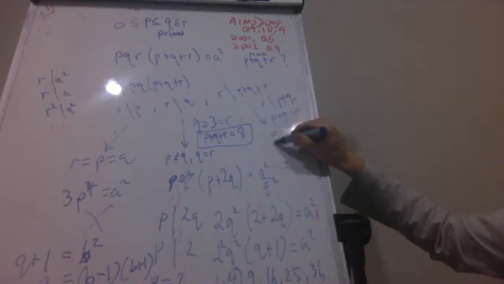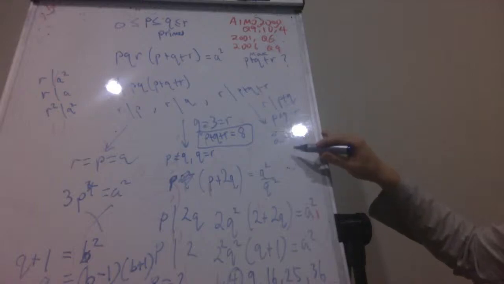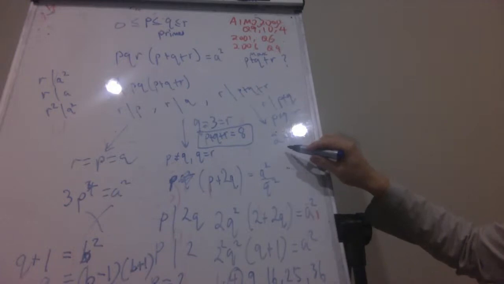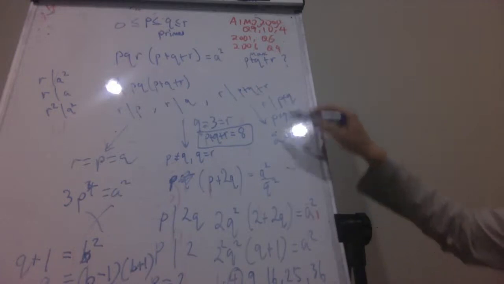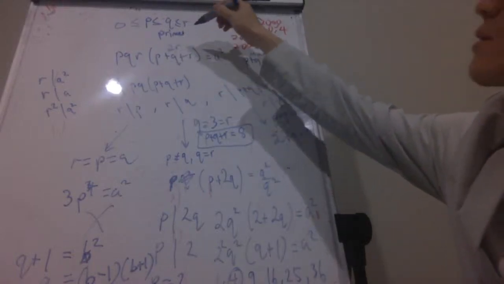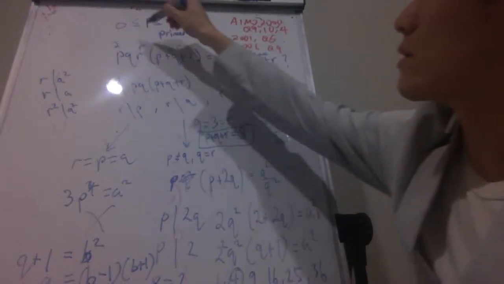So 2 plus q equals r, right? So basically this will lead to a contradiction, I think, because you have 2 plus q equals r. So you have 2r. So this is 2r, right? This is r, and this is 2, right? Yeah.